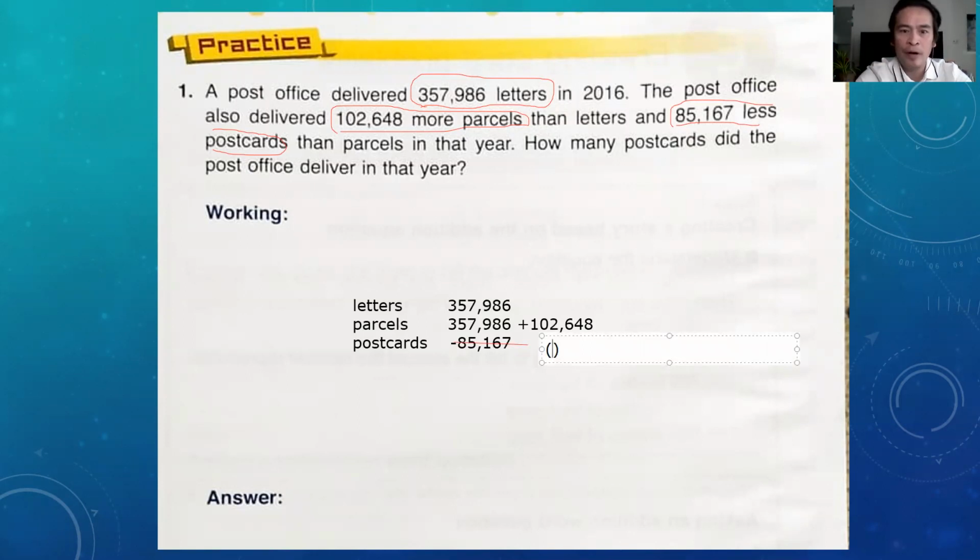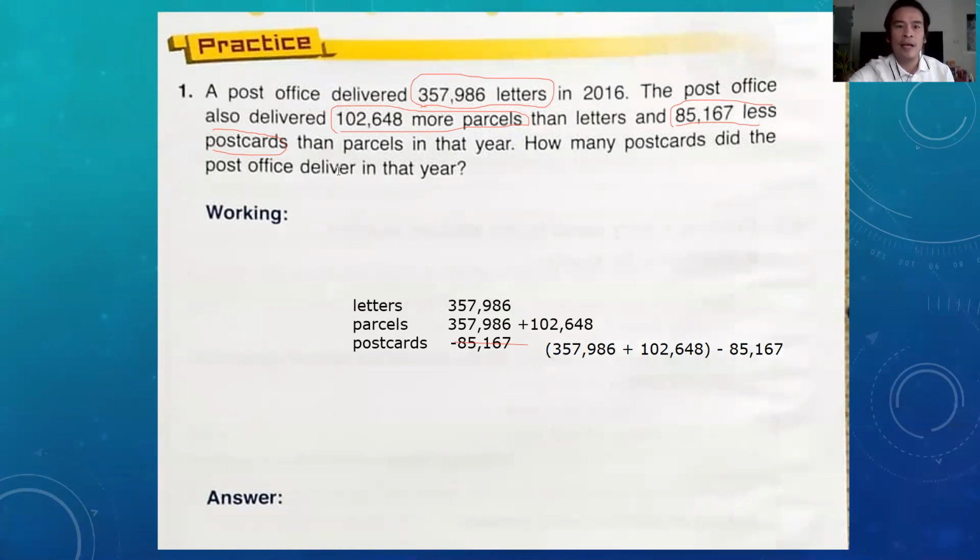So this should be the parcels. 357,986 plus 102,648 minus 85,167.